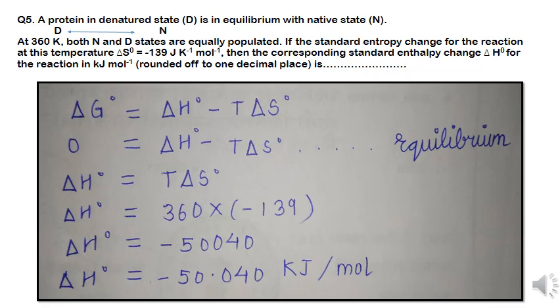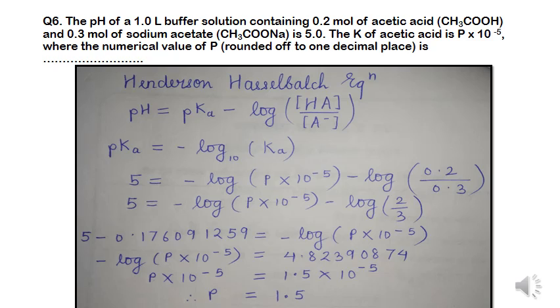As the system is in equilibrium, your delta G0 will be 0. Therefore, put the value of 0 and the temperature and entropy in the equation, and after solving you will get minus 50,040, and convert it to kilojoules, you will get minus 50 kilojoules per mole.